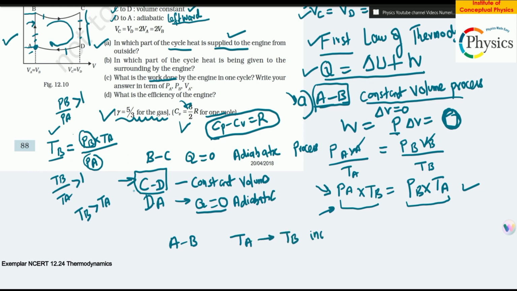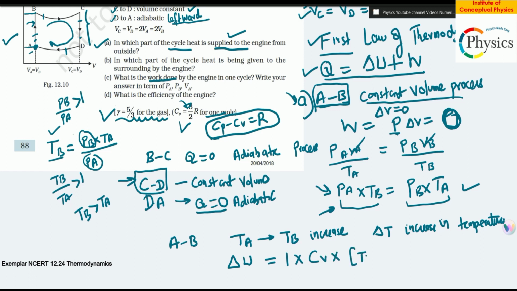It's an increase, which means we have a delta T, an increase in temperature, right? So if we were to calculate the change in internal energy of this gas, it will be 1 mole, n, into constant volume CV into delta T, which is TB minus TA, right?